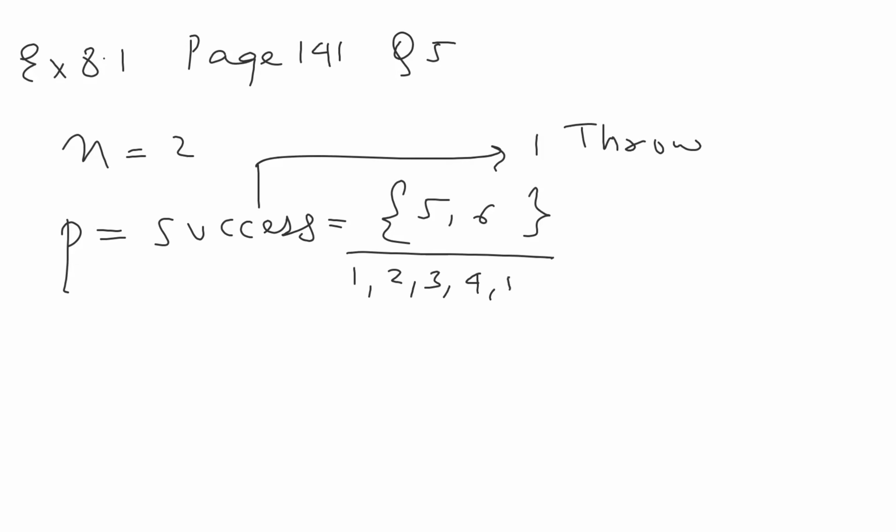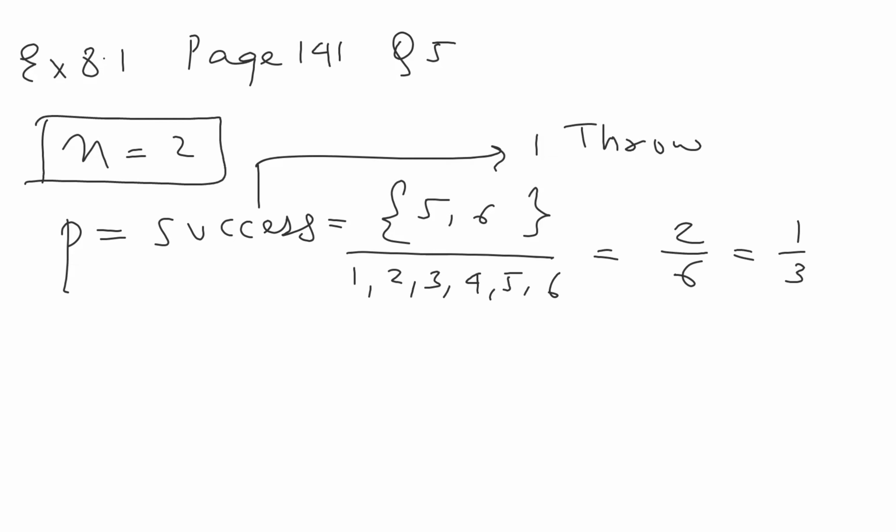So this is equal to 2 upon 6, which is equal to 1 upon 3. I hope everybody is understanding. We are throwing the die twice, but the probability of success that I have considered is only for one throw. So these are two events out of a total of 6 events.